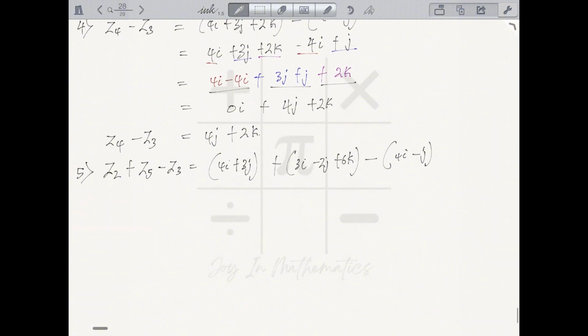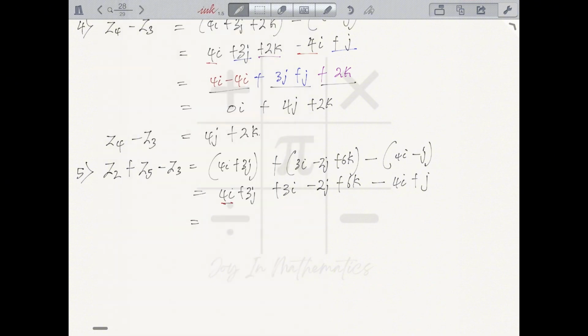Given this, let's open up the brackets with positive here and with negative here. So we have 4i plus 3j plus 3i minus 2j plus 6k, and this will result in minus 4i plus j.